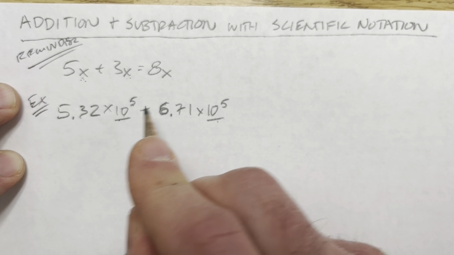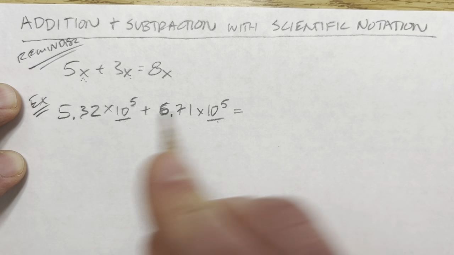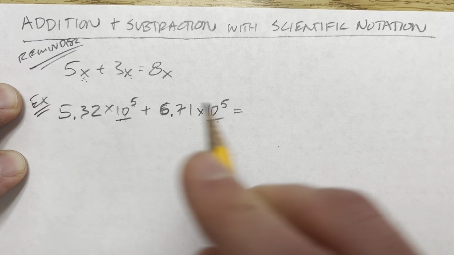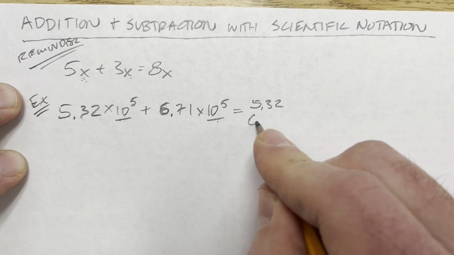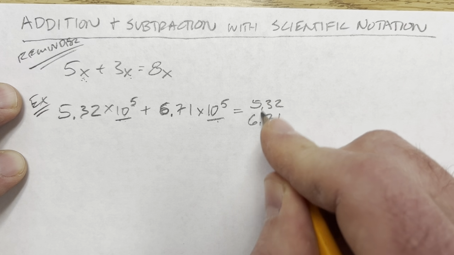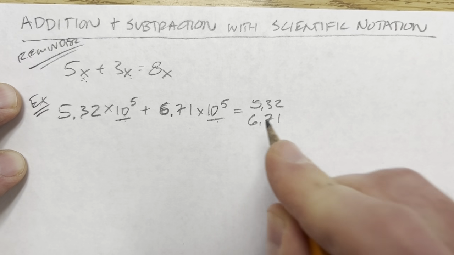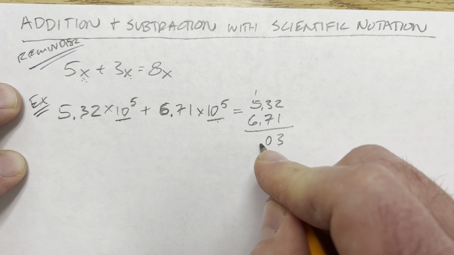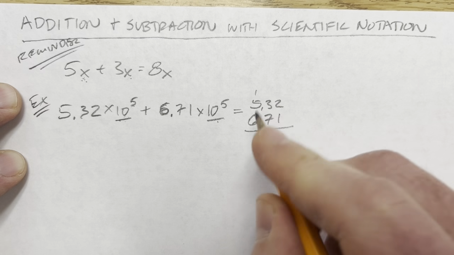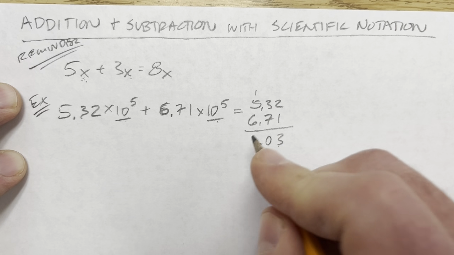And so when I add these together, I end up with 5.32 plus 6.71. Remember, you line up the decimal points. 2 plus 1 is 3, bring down my decimal point, and 5 plus 6 plus 1 is 12.